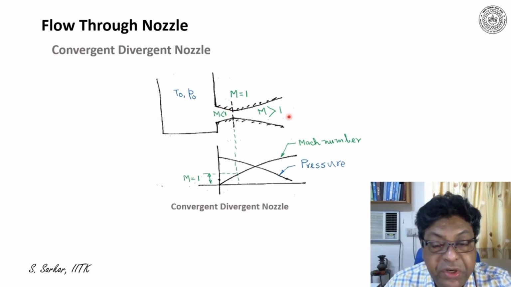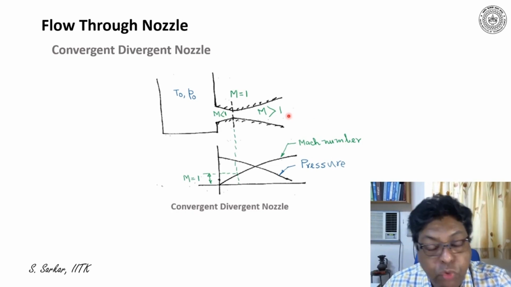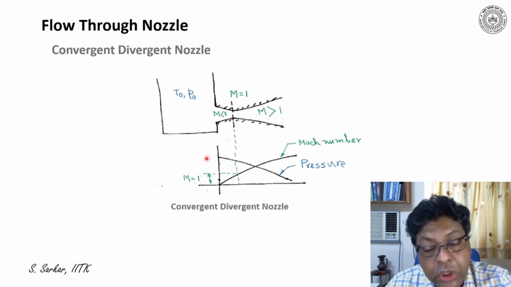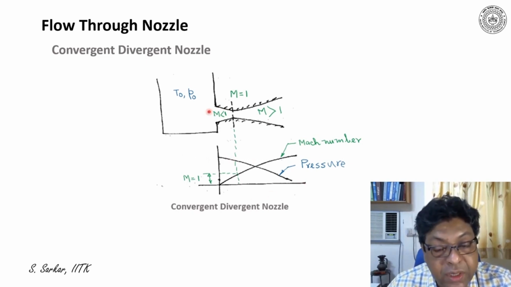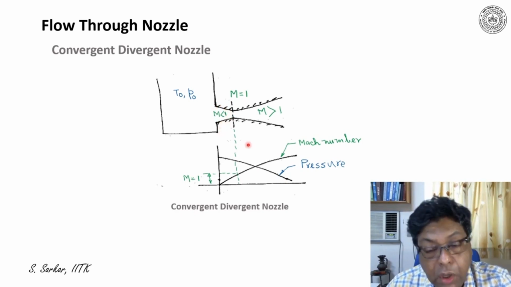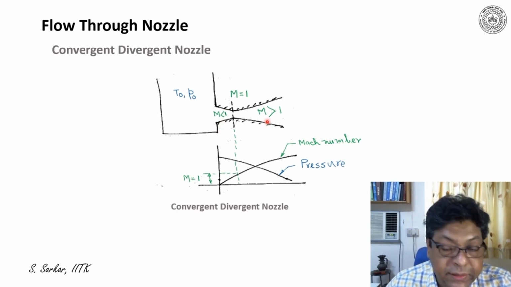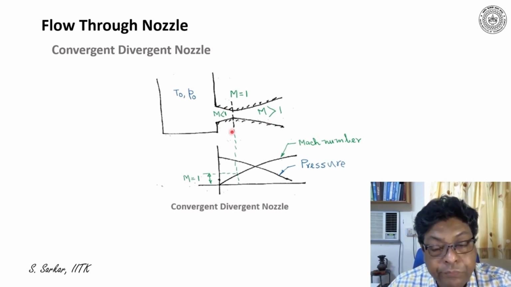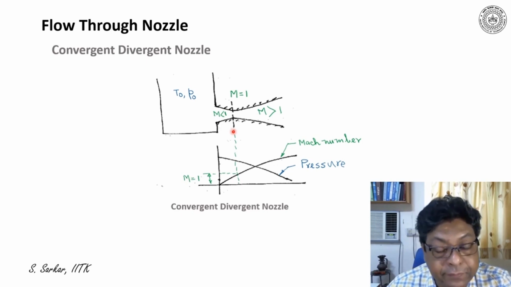For a design pressure, which is called PE, one can see that pressure in the nozzle would continually fall, and the Mach number in the converging section will be subsonic, while the Mach number in the divergent section will be supersonic, and thus Mach number at throat will be unity.